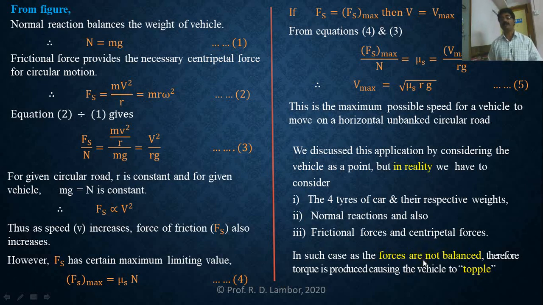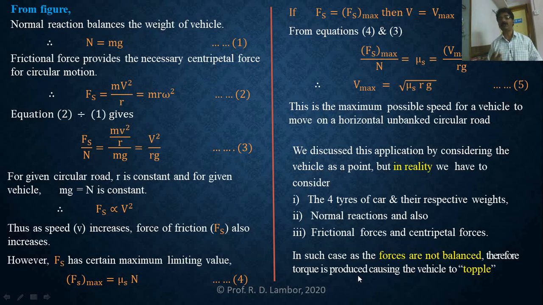Therefore, if the forces are not balanced, then torque will be produced on that vehicle. And we know the property of torque: torque acting on a body produces purely rotational motion.